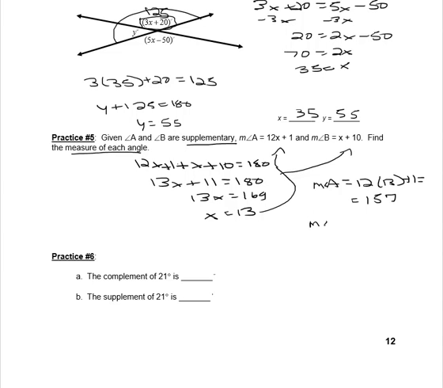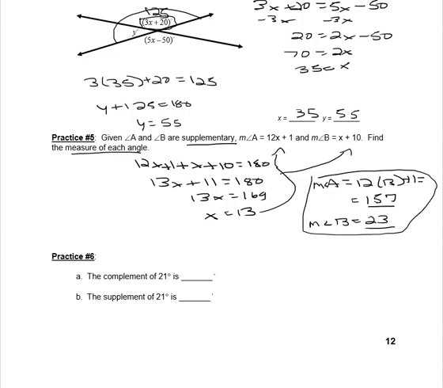And the measure of angle B is going to be 13 plus 10, which is 23. So I've got my measure of angle A and angle B right there, 157 and 23. And I can check it to make sure they're supplementary because 157 plus 23 is 180.